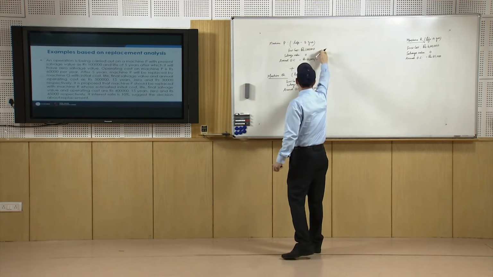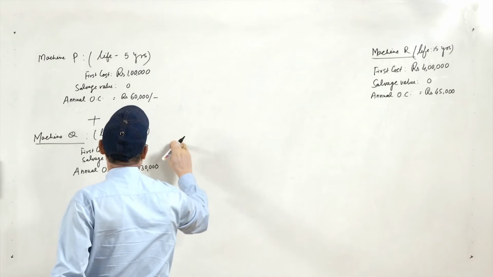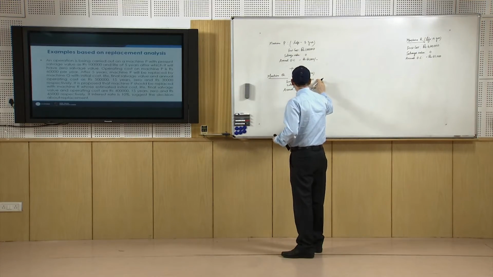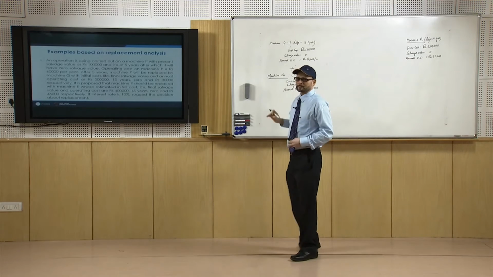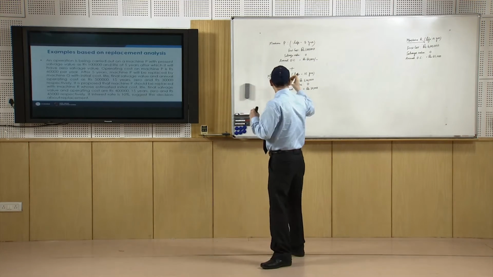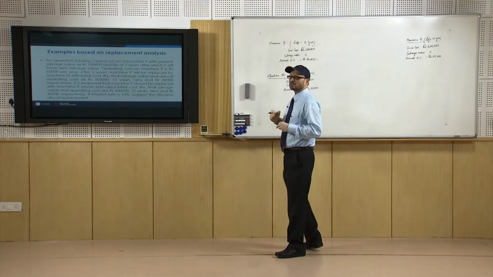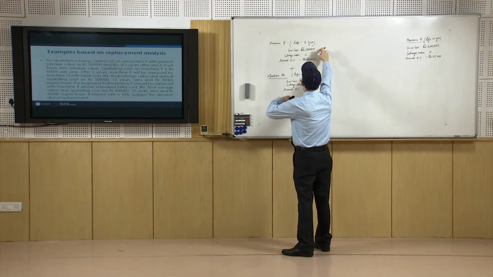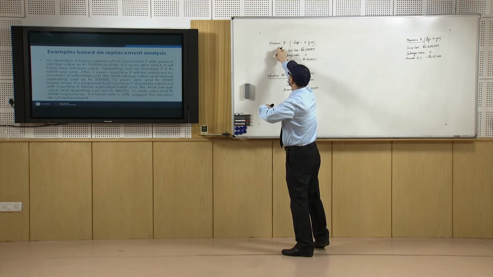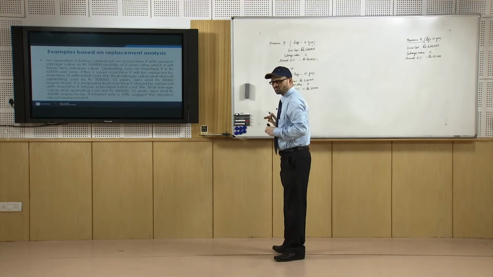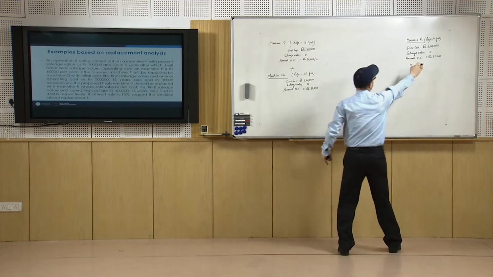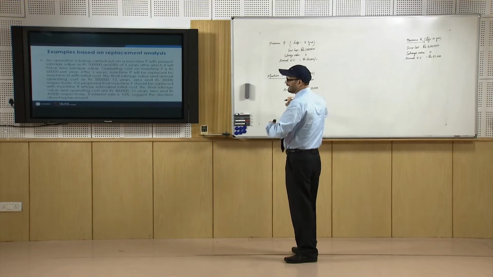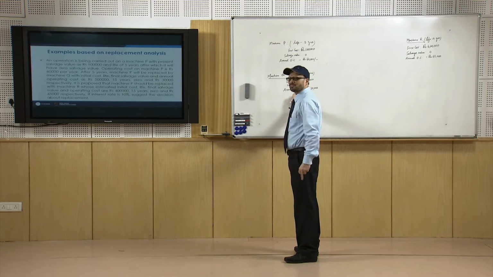Now, since the two machines are having different lives and machine Q is used subsequent to machine P, the present worth basis of comparison looks better, where you can find the present worth of machine P plus Q at present and also the present worth for this, because it has anyway 15 years of life, and then you can also find the implied salvage value.